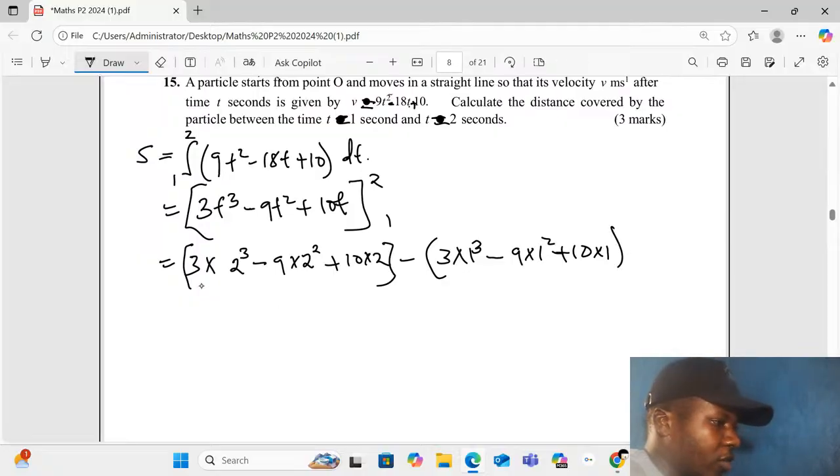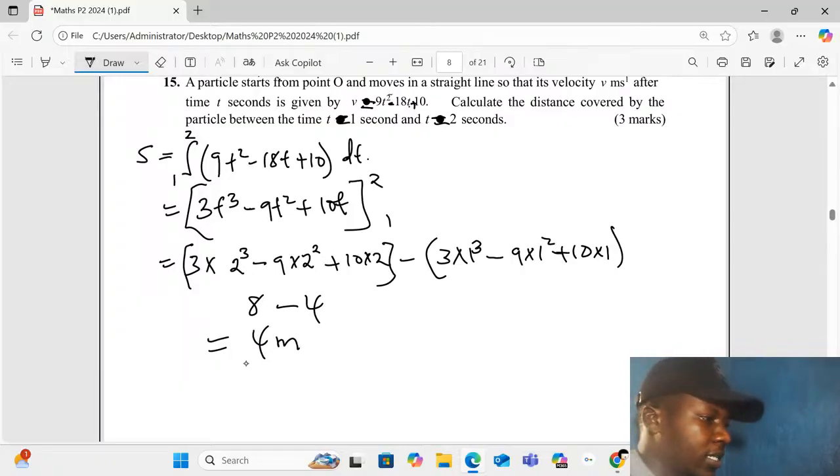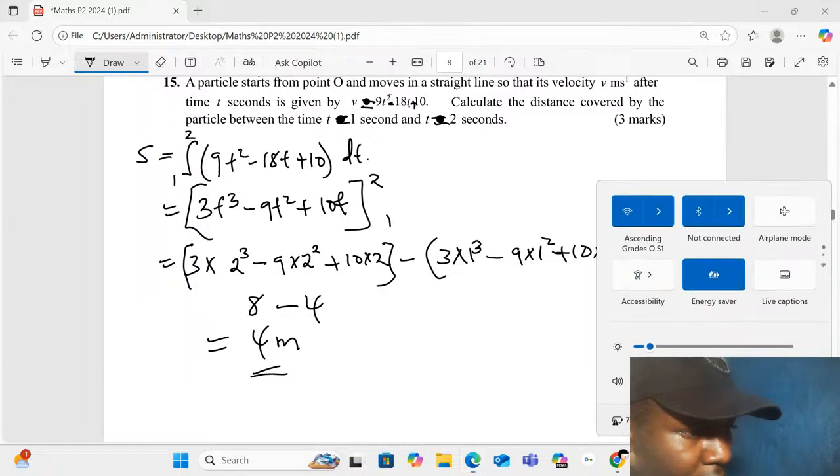When you work that out, you get 8 minus 4, which is 4 meters. That is the distance.